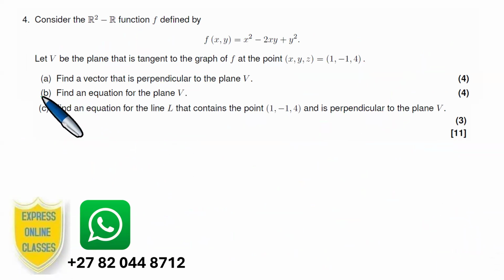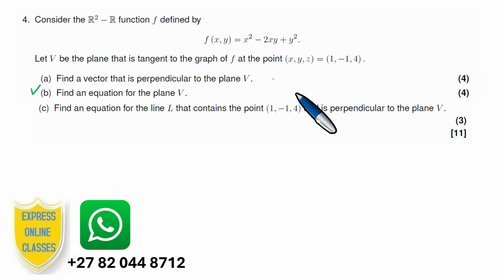Next, we need to find an equation for the plane V. How do we find an equation for the plane V? Right, so we continue.